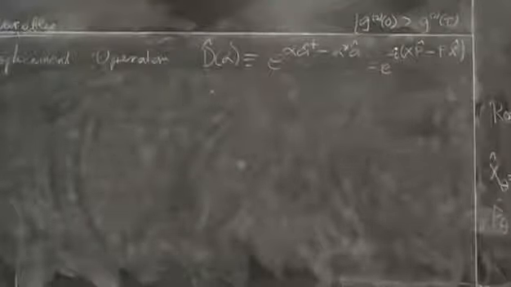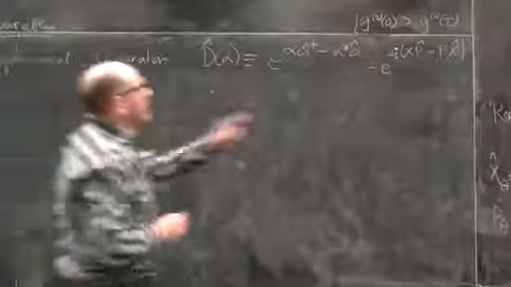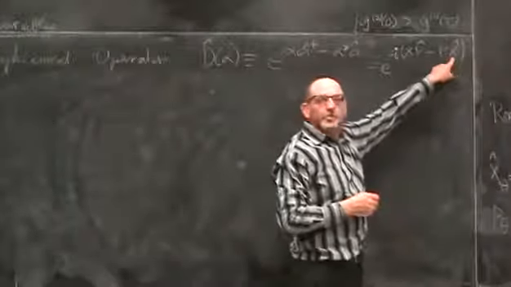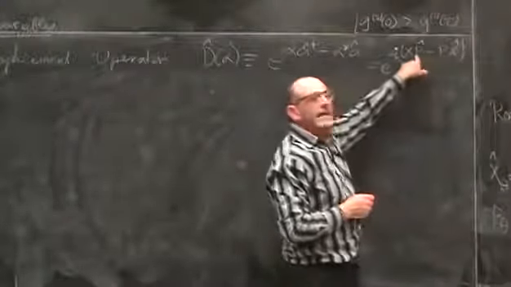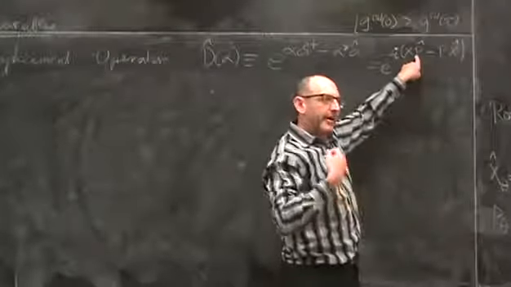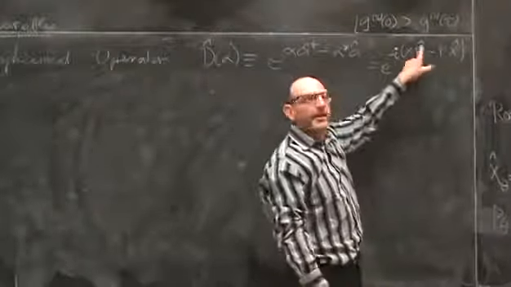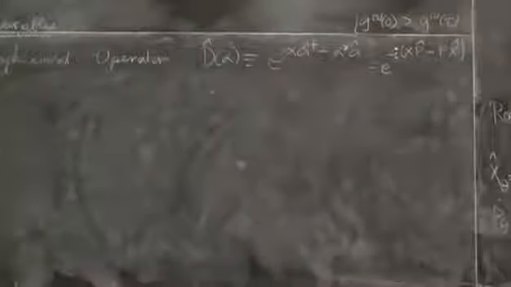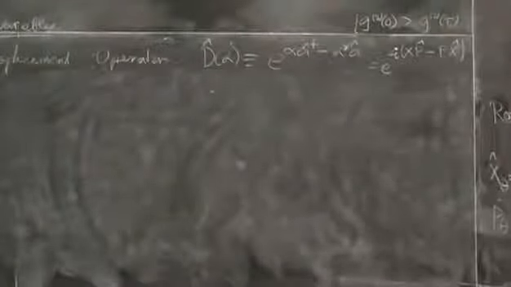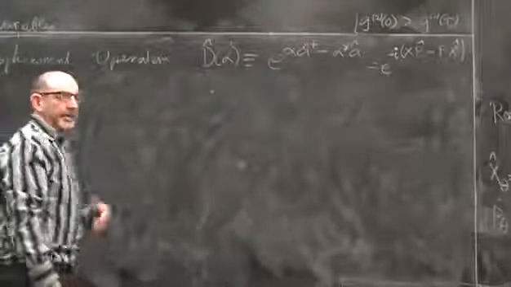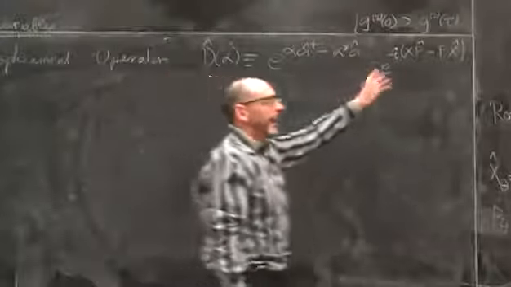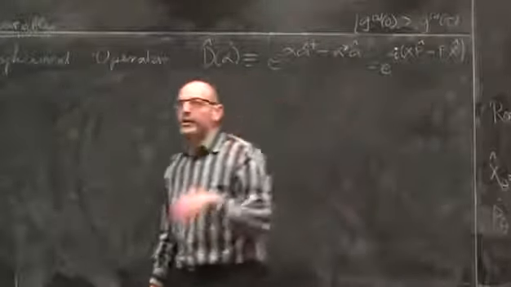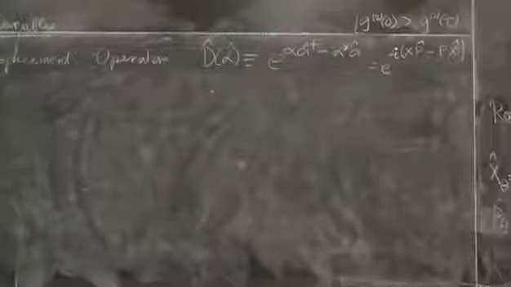So this is a simultaneous, remember that x is the generator of displacements in momentum, p is the generator of displacements in position, and so this is a simultaneous translation in position and momentum, hence the term phase space displacement. It's symmetric in x and p. Neither is ordered before the other when it's up in the exponent like that.